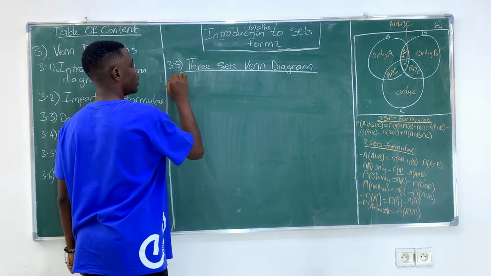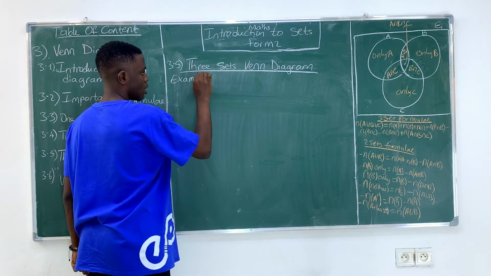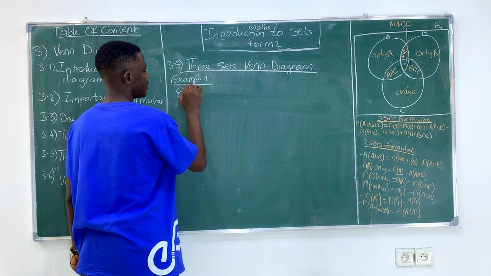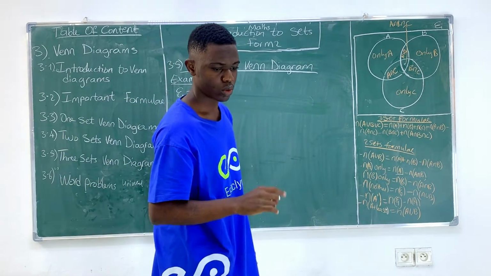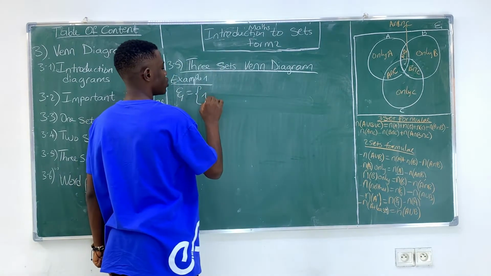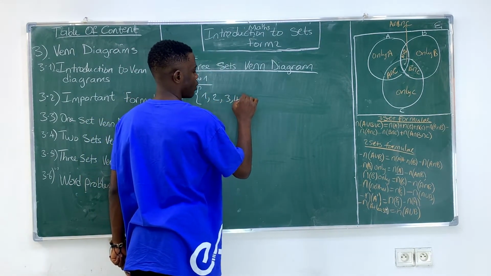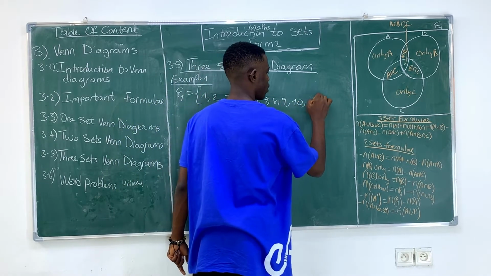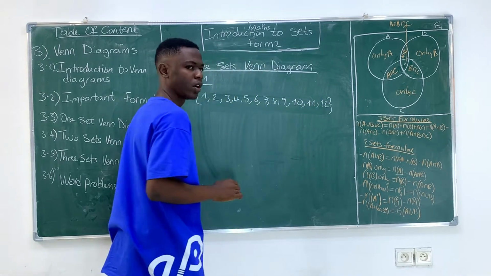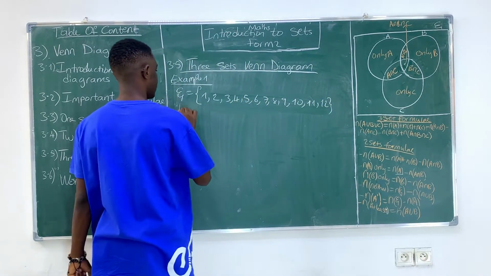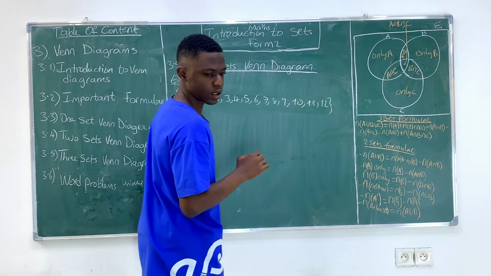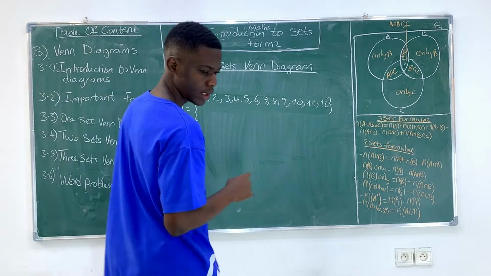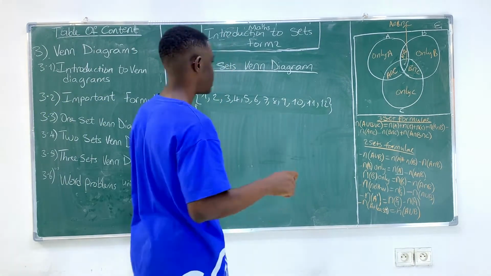So I have example 1. You have zeta equal to 1, 2, 3, 4, 5, 6, 7 up to 12. Alright, we have our set A, which has 2, 3, 5, 7, 11.